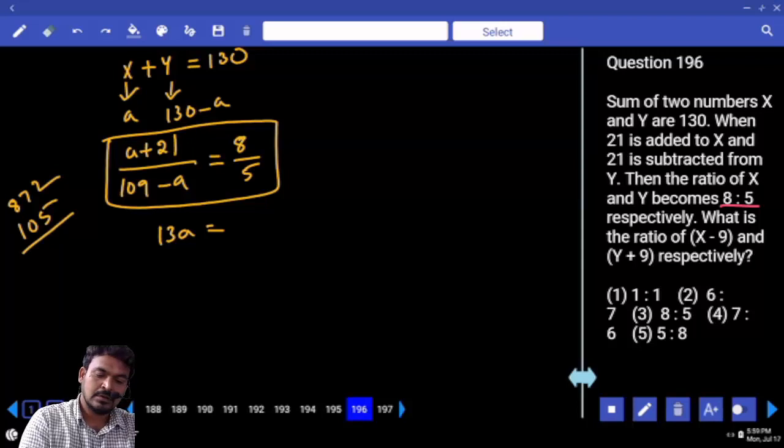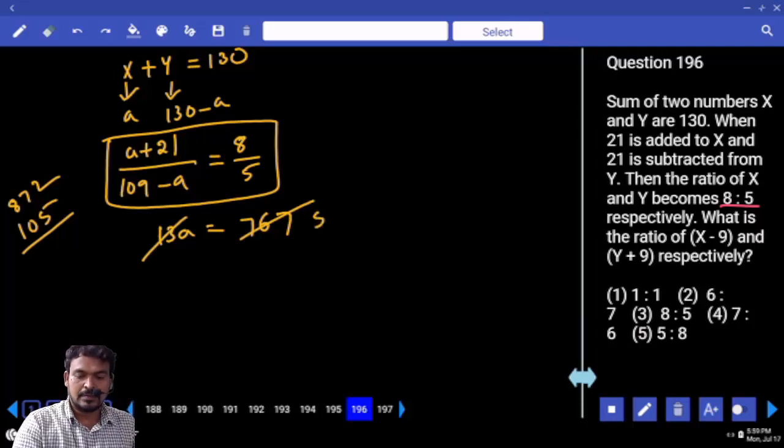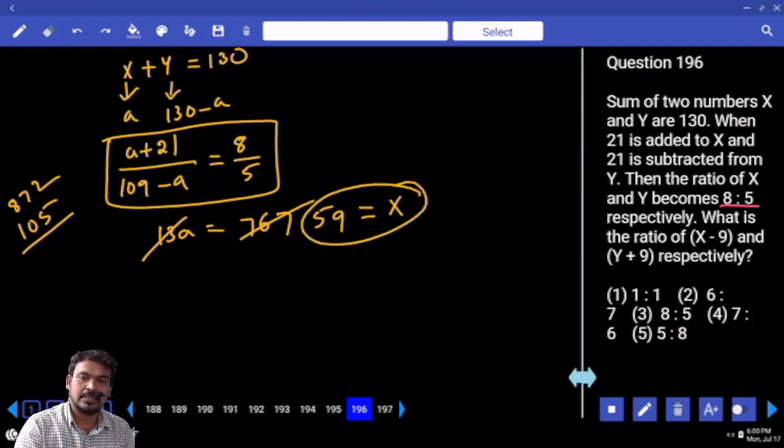What is the difference? 767. Now 13 goes in 59 times, so a value is 59. A is 59 means x is 59. Then what is the y value? 71.